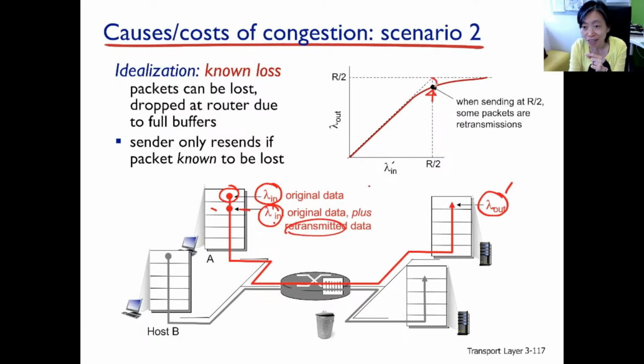So this margin here, unfortunately, is used for retransmission. The actual amount of data coming out is less than half of R. And you see here the bad thing, number 2: we have retransmissions when there is congestion.